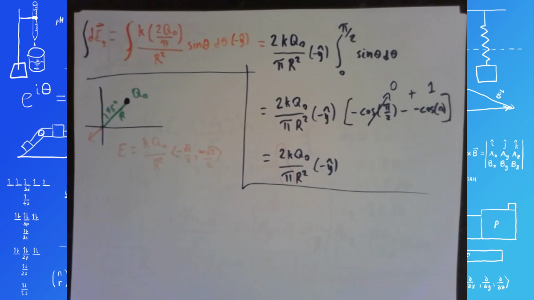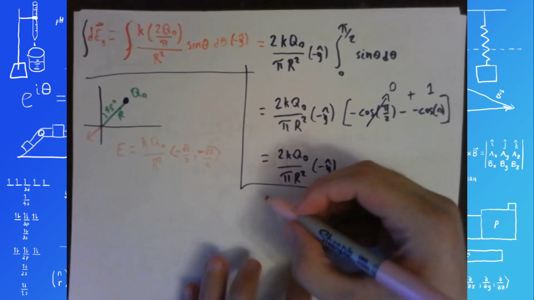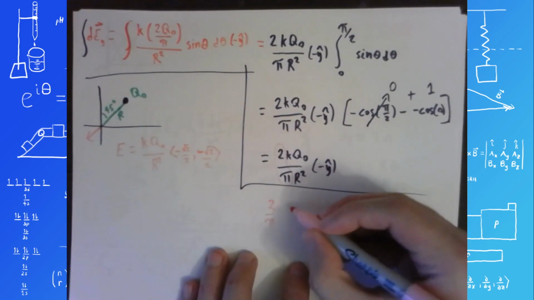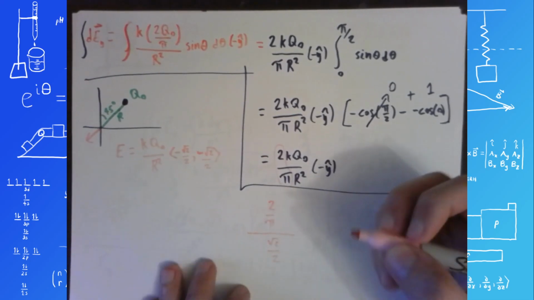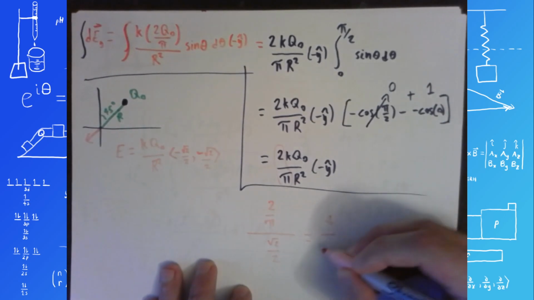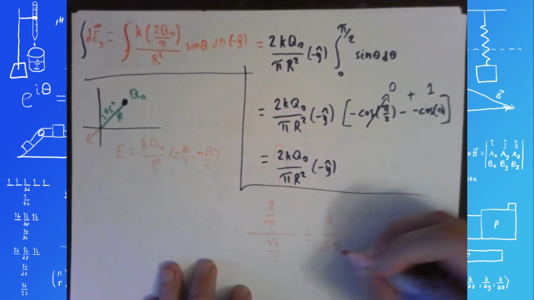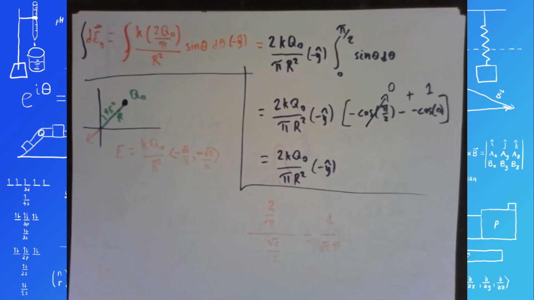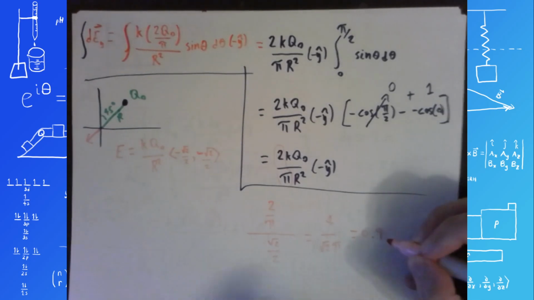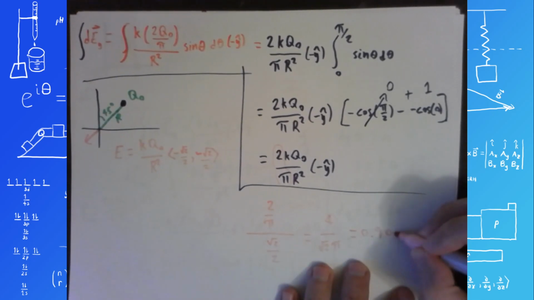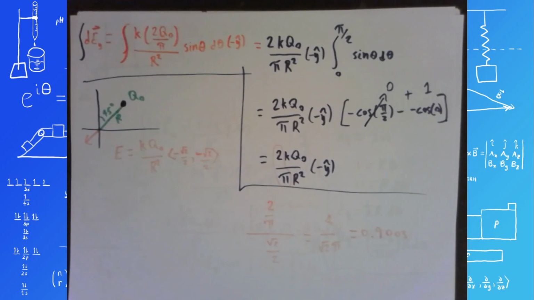Let's see. How do they differ? Like by what factor? If I compare 2 over pi divided by root 2 over 2, that becomes 4 over root 2 times pi. 4 over root 2, and also over pi, I'm getting 0.9003 and then a bunch of other weird decimals.